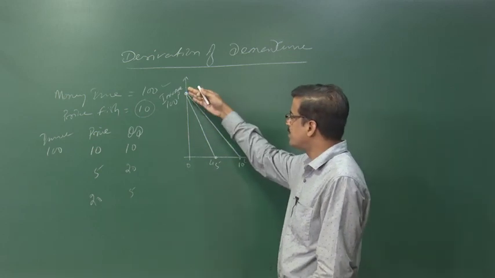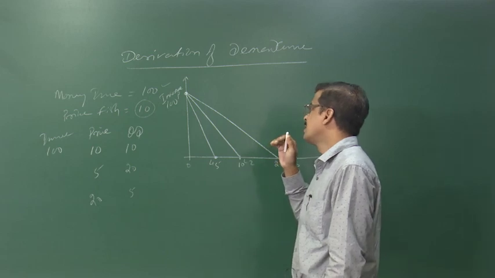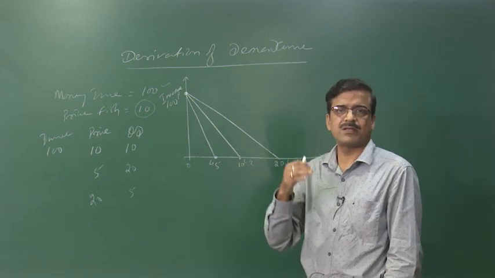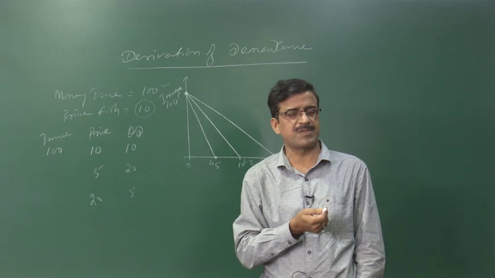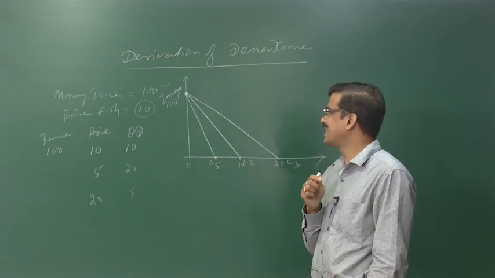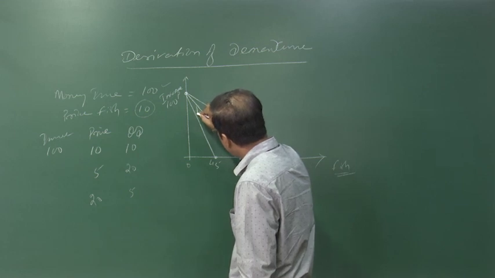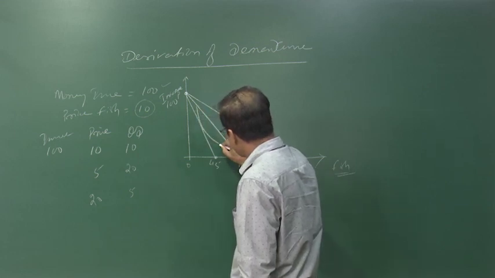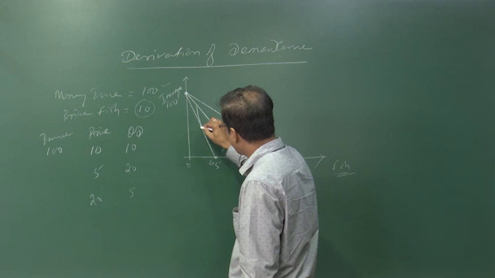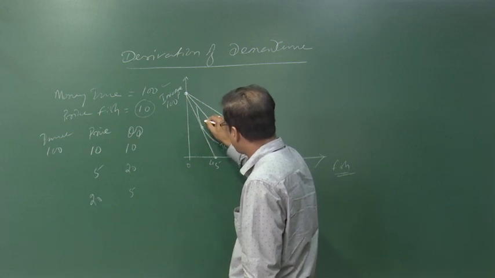Because if you draw this particular price line, the preference curves are given, that means the indifference map is given, and for each indifference curve, for example here the indifference curve IC1 is tangent to the price line PP1 at the point E1.